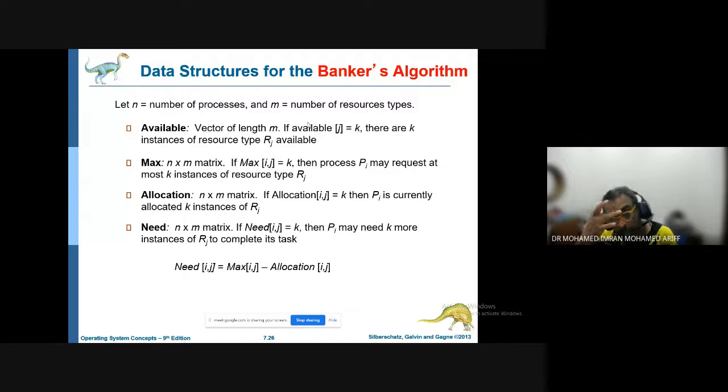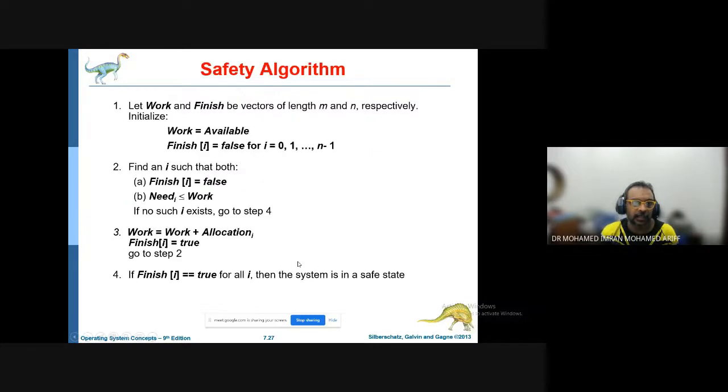Maximum is the maximum resource that is needed by the process. Allocation is how many is currently allocated. And last but not least is the need. That means in order for the process to complete its processing, it needs to be allocated berapa banyak lagi. So this is the formula: maximum tolak dengan allocation.